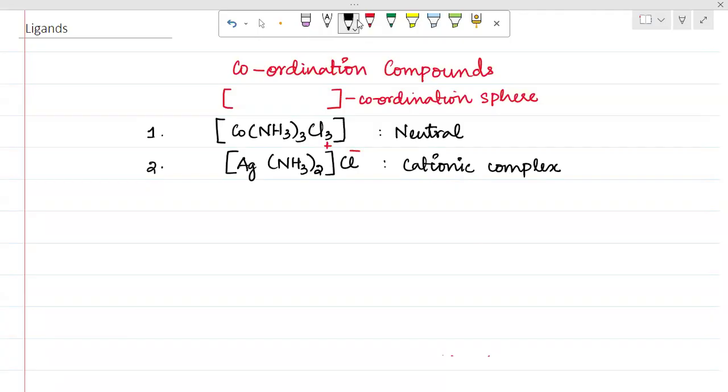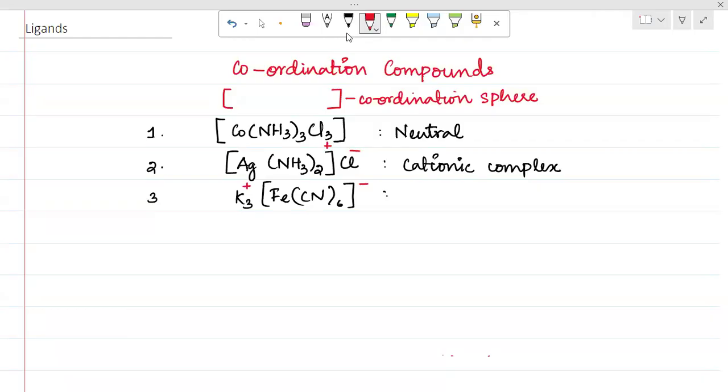Now, if there are cationic complexes, there will be anionic complexes also. For example, K3[Fe(CN)6]. How does this exist? Potassium exists as 3K plus, each potassium carrying a positive charge, and the coordination sphere carries a negative charge.